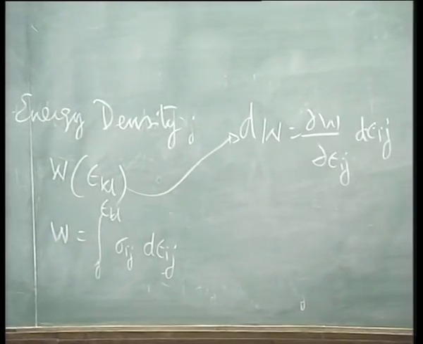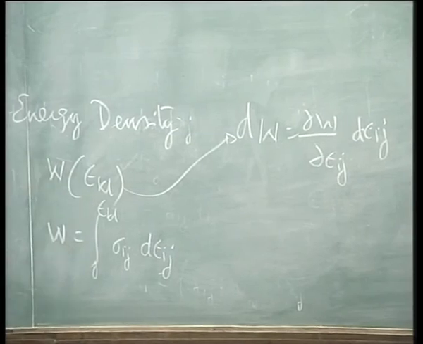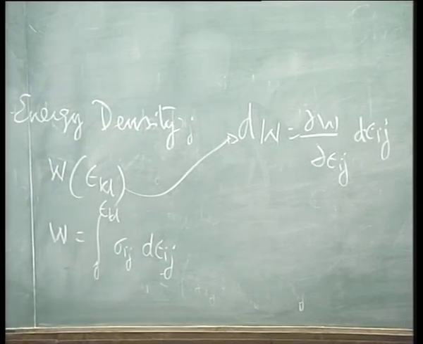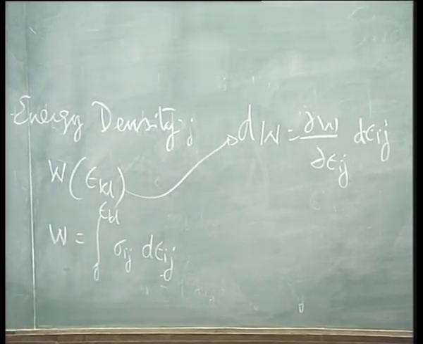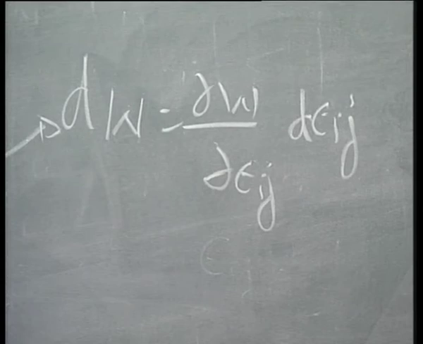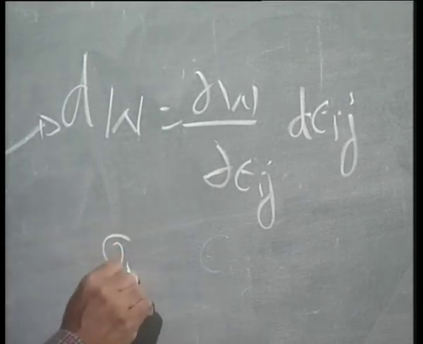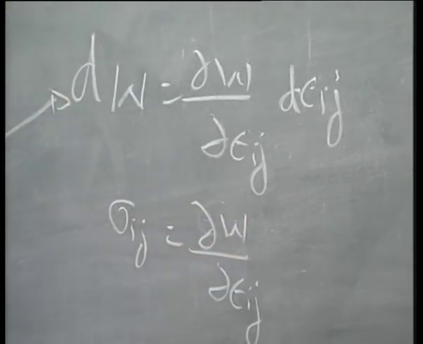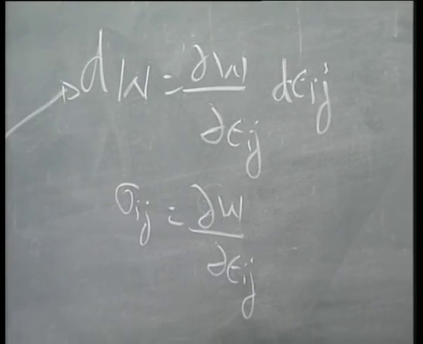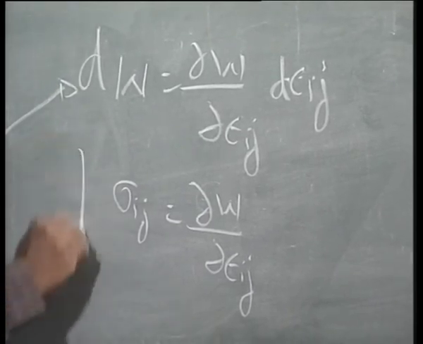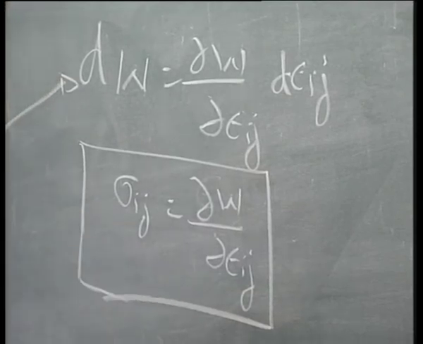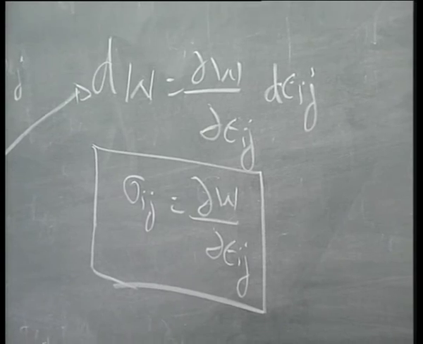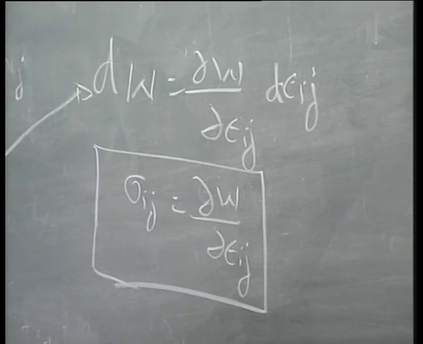Okay. Now, these are the definitions of W. So, from this definition and from my dW, it is very obvious that I can write sigma ij as what? Dou W by dou epsilon ij. And this forms the basis of the definition of an elastic material. We will continue this in the next class.